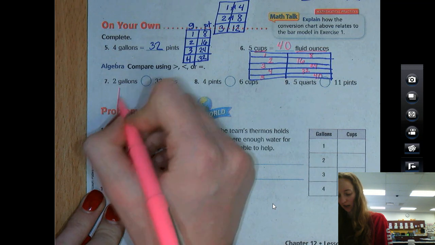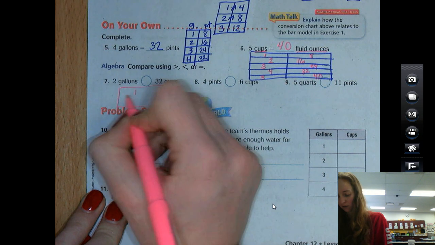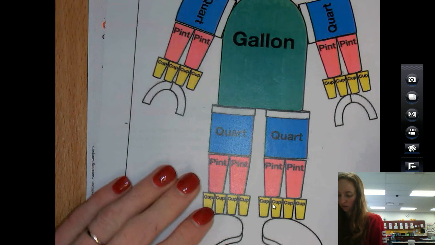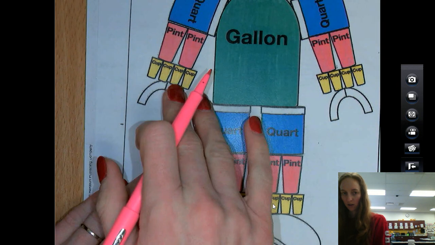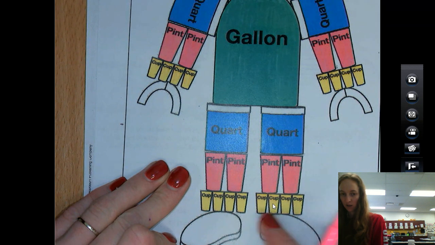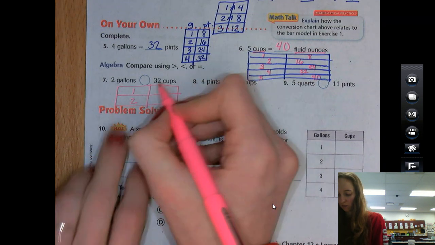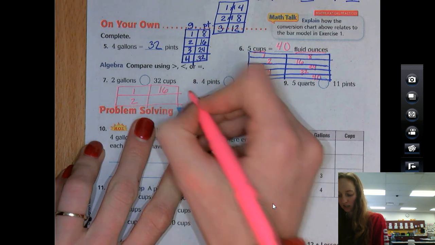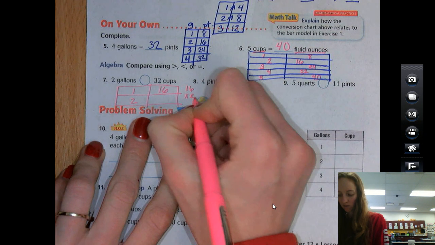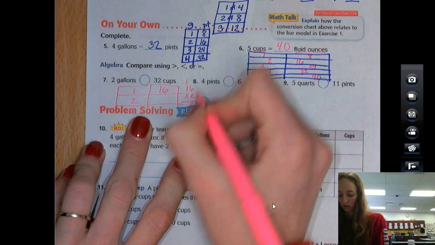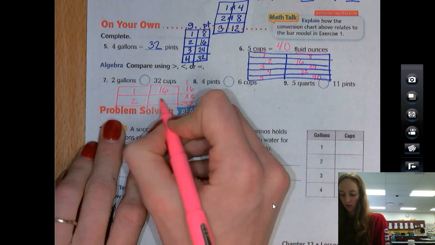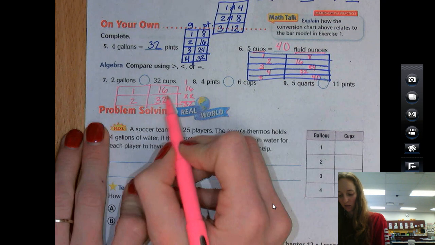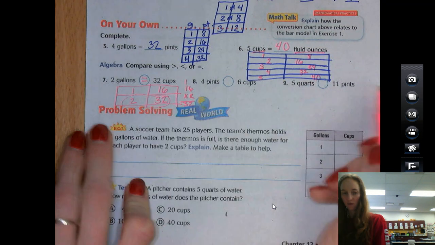If I had 1 gallon, that would be how many cups? 1 gallon. 4, 8, 12, 16. 1 gallon is 16 cups. 2 gallons equals, what's 16 times 2? 2 gallons is 32 cups. So 2 gallons and 32 cups, those are equal.